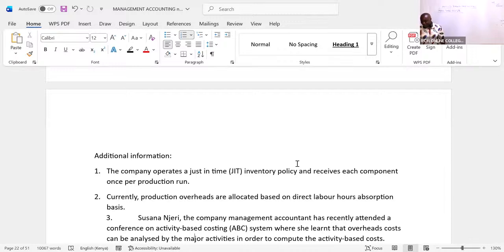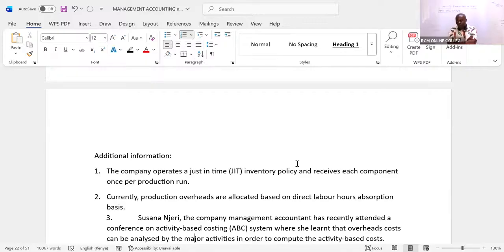I haven't yet taught you what we call inventory management, but whenever you hear of this JIT, what comes to your mind? Yes. So in this case, just in time, we shall only be making orders when we need to make production.